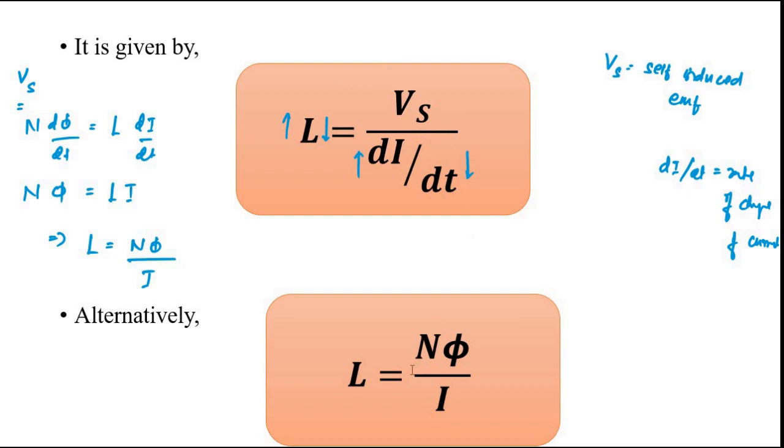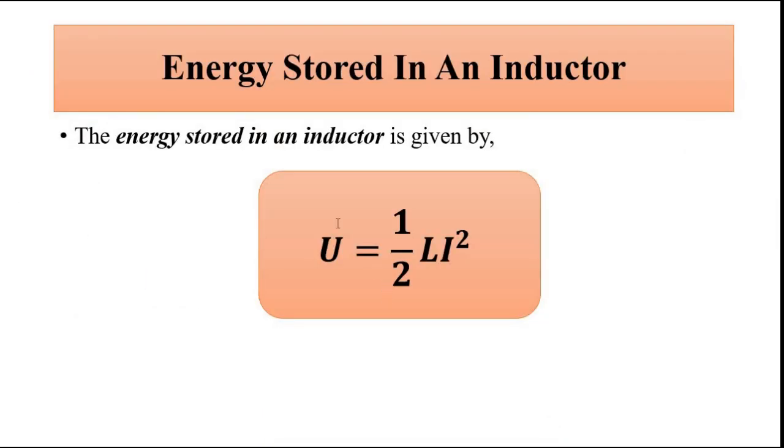Then, energy stored in an inductor. As I said in the beginning, the electric field has a role to play in capacitors, and the magnetic field has a role to play in inductors. Energy is stored in the electric field in capacitors.